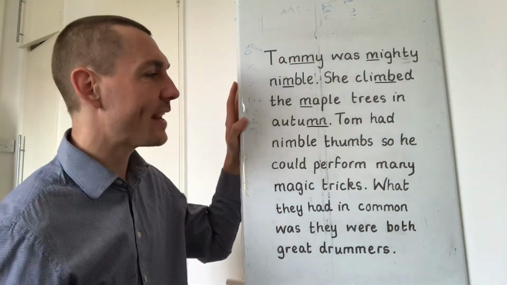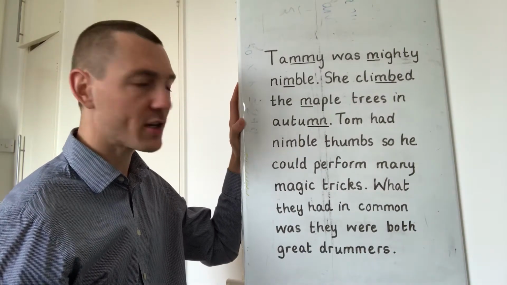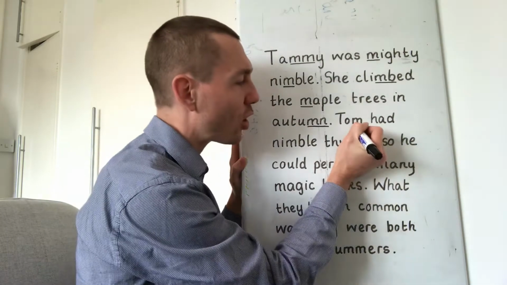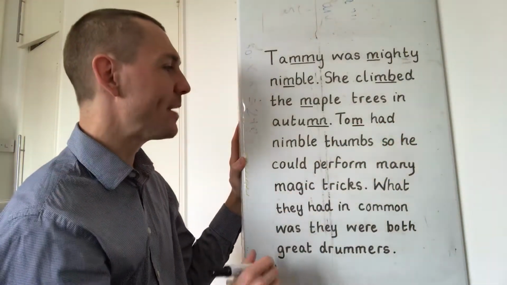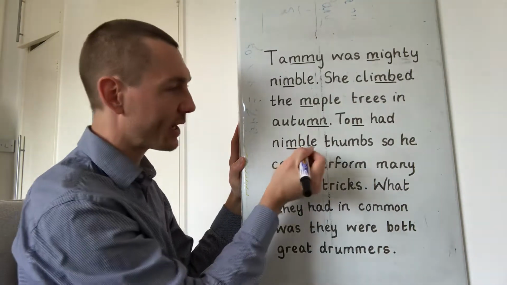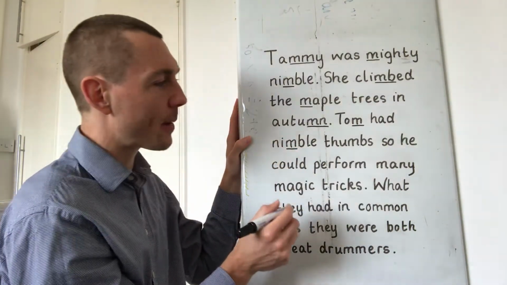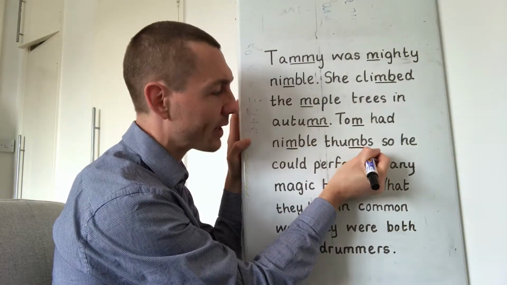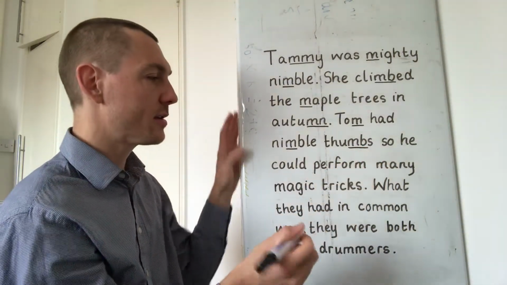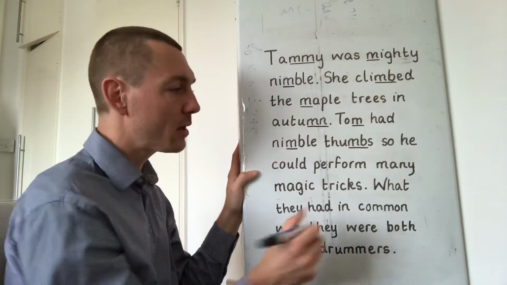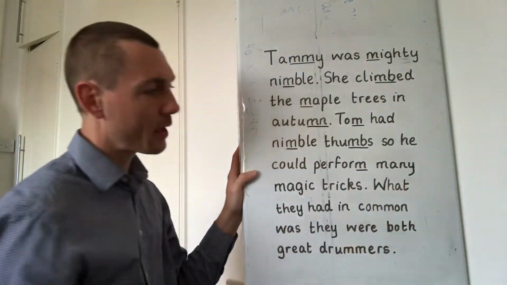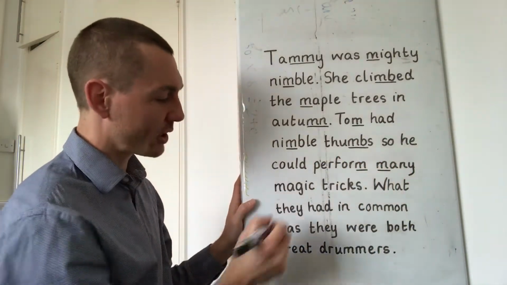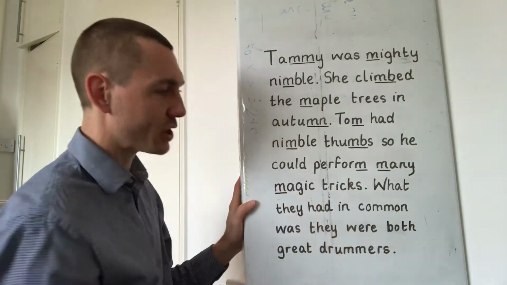Tom had nimble thumbs, so he could perform many magic tricks. So Tom had nimble, the M sound spelling again with nimble, thumbs. We've got the MB spelling there, haven't we, in thumbs. So he could perform, with the M spelling, many, with the M again, magic tricks, with the M again in magic.